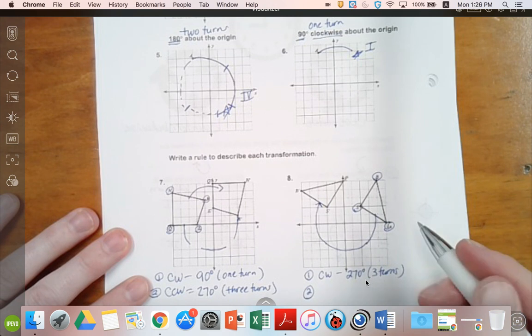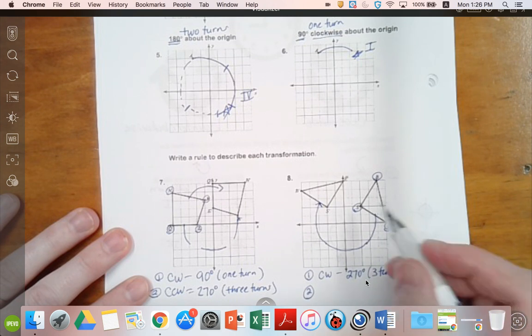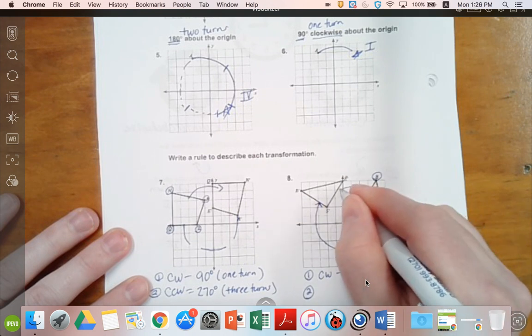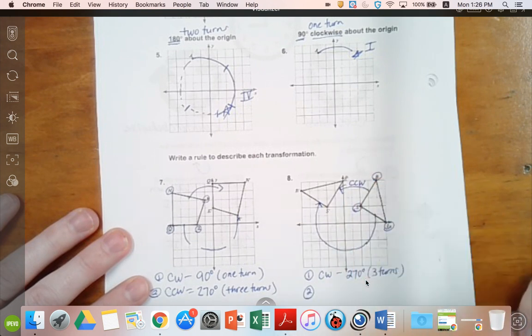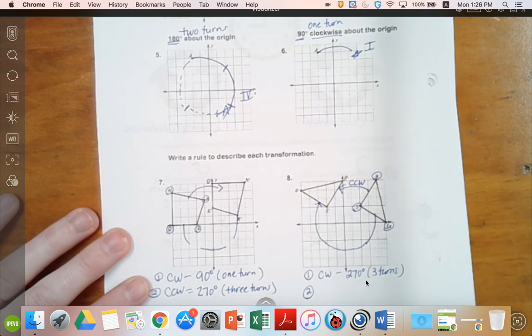If I go counterclockwise, which would be the other way, notice that I've only had to go from this quadrant to that quadrant, so that makes it 90. One turn.